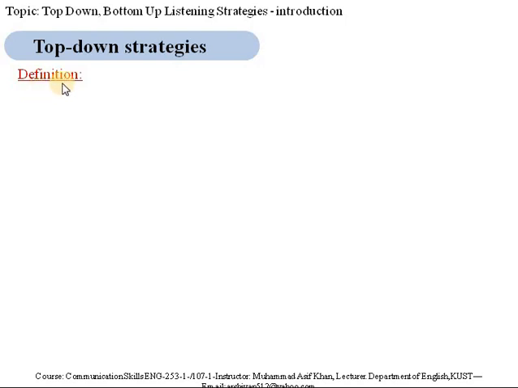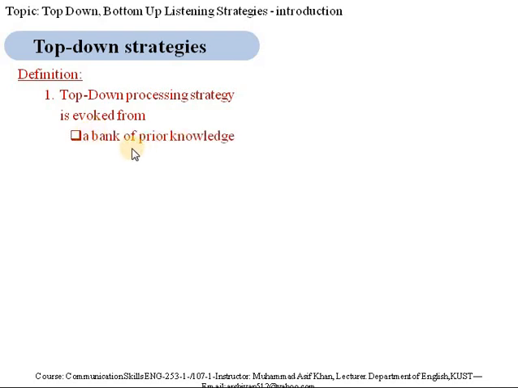The definition of top-down strategy is that it is that processing strategy that stirs up or evokes a very heavy stock or collection of previous information that the listener has in his mind, and it is added by those global beliefs and expectations or anticipations that act as the background or the backdrop of information of that discussion.